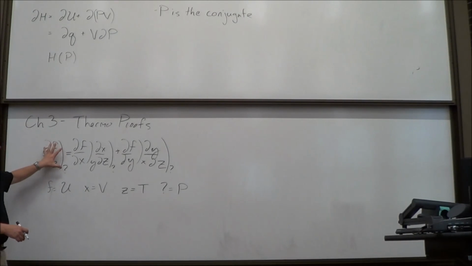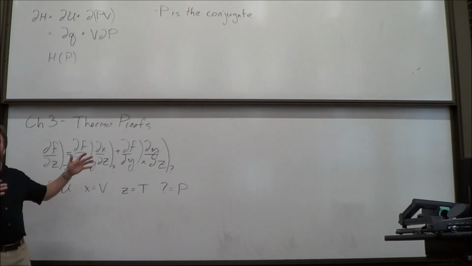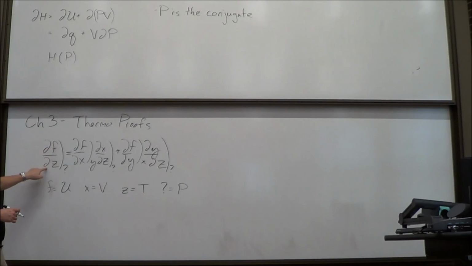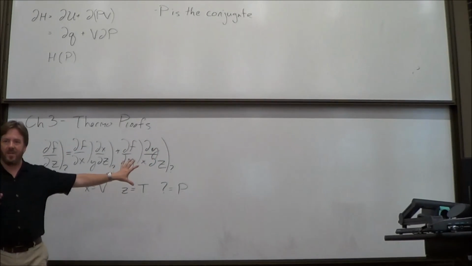Now notice that this part is the question. The purpose of this df dx dx is simply to help you set up the question so that it can be answered. The question remains dU dT at constant P. We're done, forget it, right? To answer the question and get full credit, you have to do the rest of this.